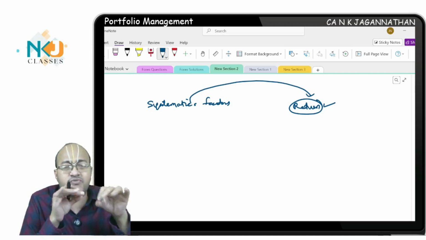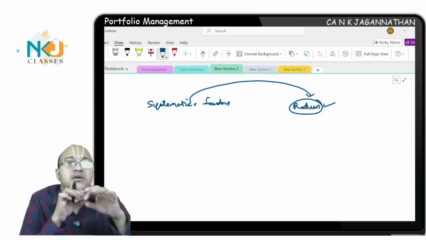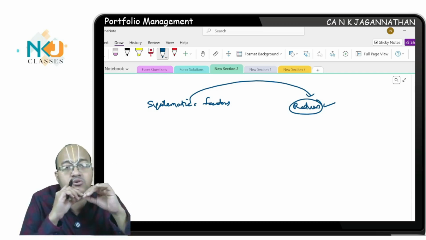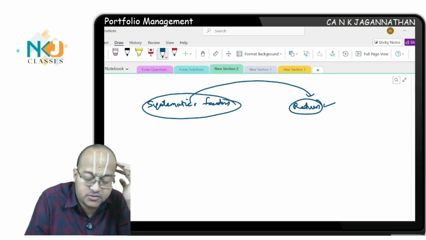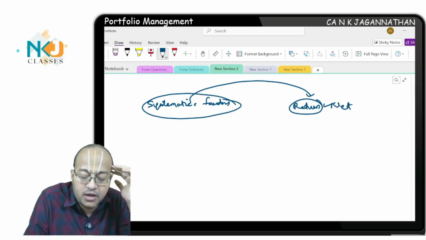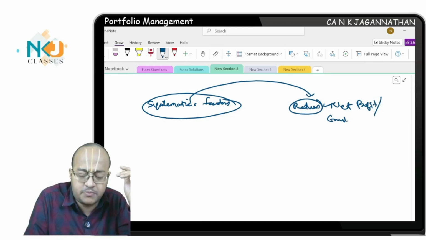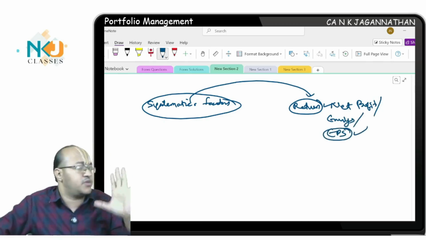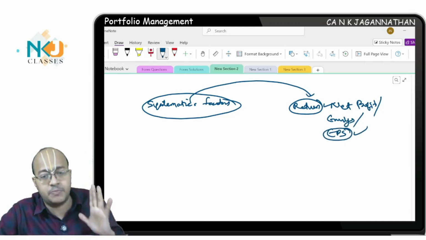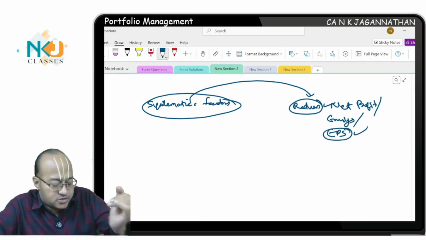When the share price is increasing, generally the return will also be increasing, which means the earnings of the company will also be increasing. So systematic factors will ultimately affect the net profit or earnings, or EPS; everything is the same. Per share basis, it is called EPS. So now, systematic factors affect the EPS, but not directly. What happens, you need to understand.